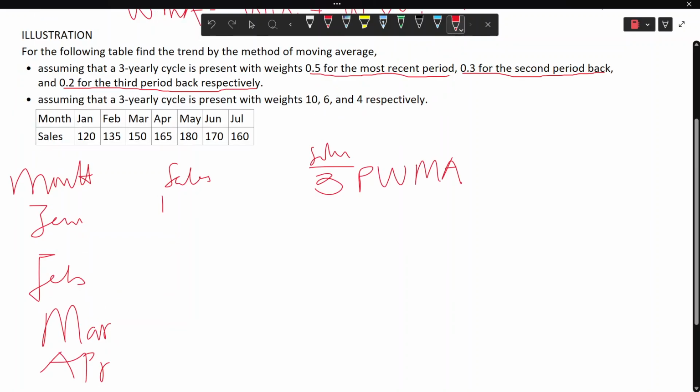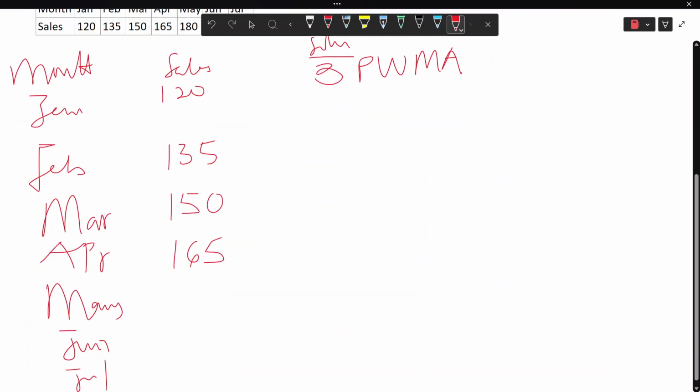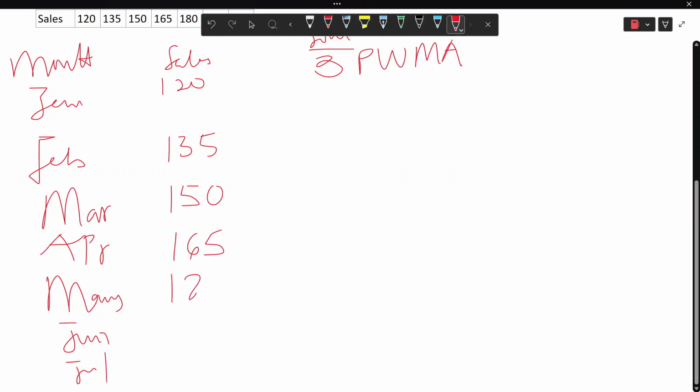The figures are 120, 135, 150, 165, 180, 170, and 160.